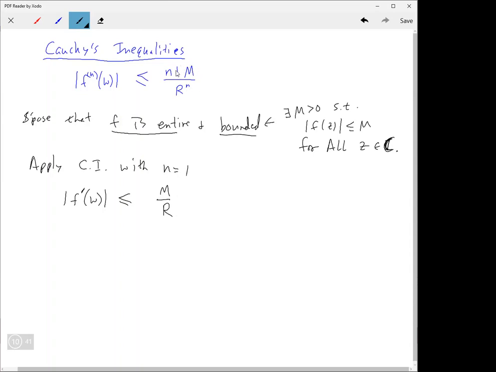Now, this inequality applies for any w. You can make these circles bigger and bigger, right?